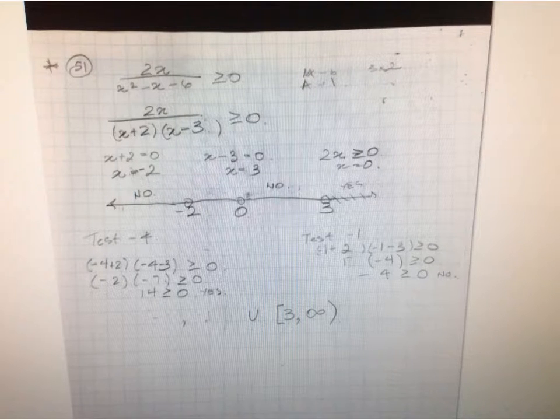So if you have -2, you'll get a 0 in your denominator because this one here is going to be a 0, and if you have 3, you'll get a 0 in your denominator there, and so on. And then the numerator, if you use x equals 0, you'll get a 0 there. So you've got a good starting point for those values, and we don't want x to equal any of these values, so we're going to have to use round brackets if we're using those in our interval.